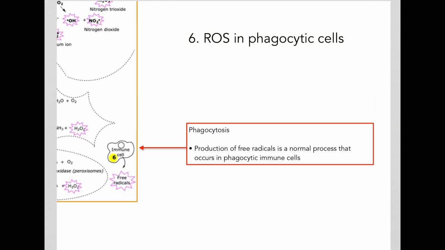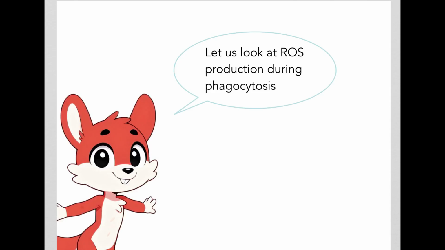Since we are talking about immune cells, let's look at ROS production in these phagocytic cells a little bit more. ROS production during phagocytosis is a very important process. Let's see how this happens and what it does.